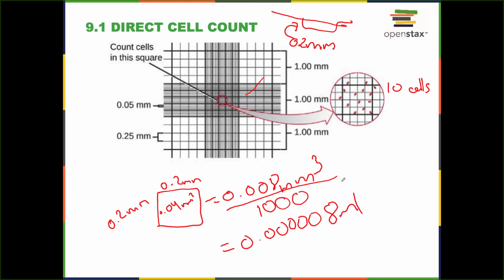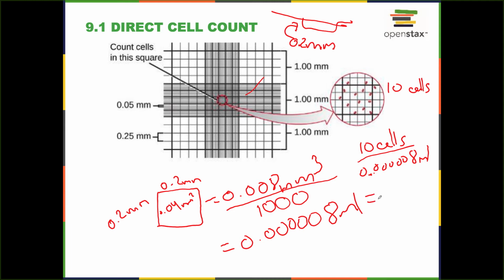Remember we had 10 cells. So that means we have 10 cells in 0. I'm going to count 1, 2, 3, 4, 5. Notice I don't say 0, 0, 0, 0, 0, because that's confusing. I just count zeros. 1, 2, 3, 4, 5, then 8 milliliters.